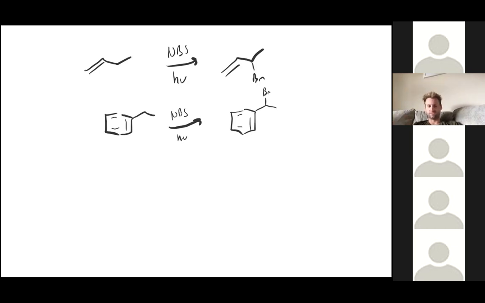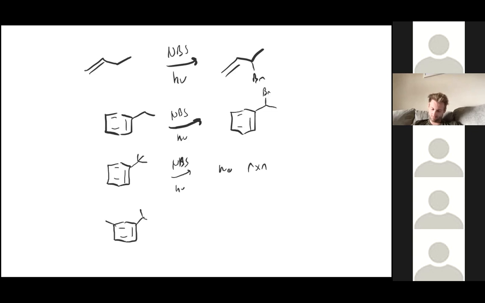It has to have some sort of hydrogen to pull off. If you had a methyl and a tert-butyl, it would only add to the methyl. Nope, need a carbon there.